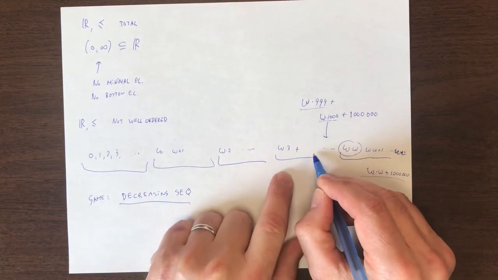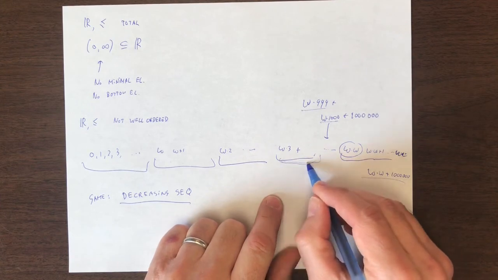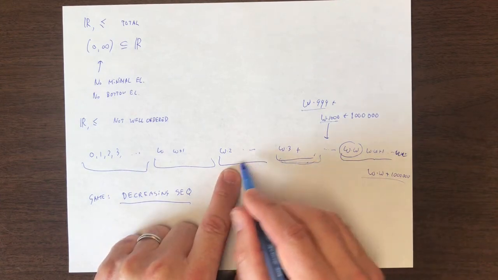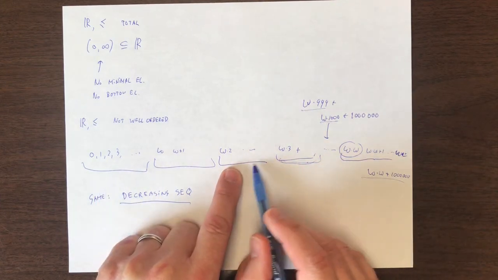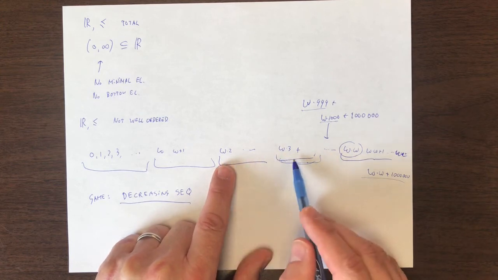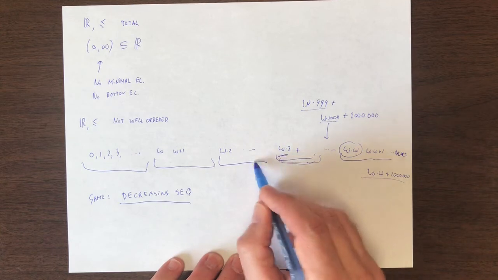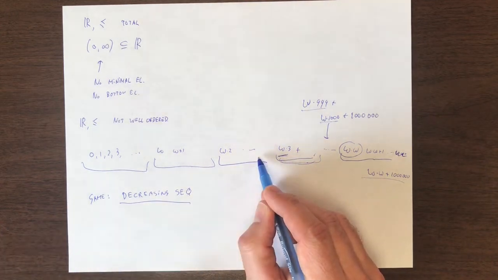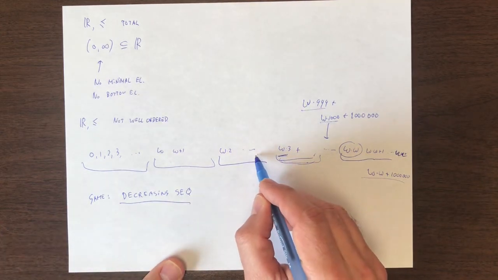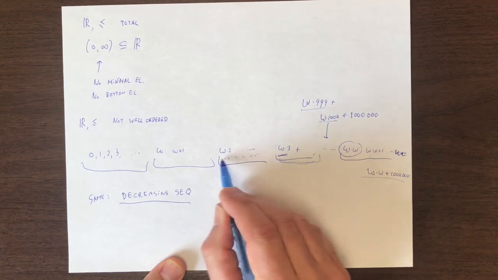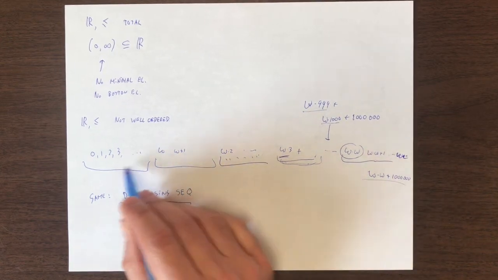But after finitely many steps, I have to leave this sequence and pick something that is at most in here. Then I might say, if I want a really long decreasing sequence, then after this guy I'm going to take omega times 2 plus 1 trillion. It doesn't matter. After finitely many steps, I have to leave this sequence and land in here or in there.